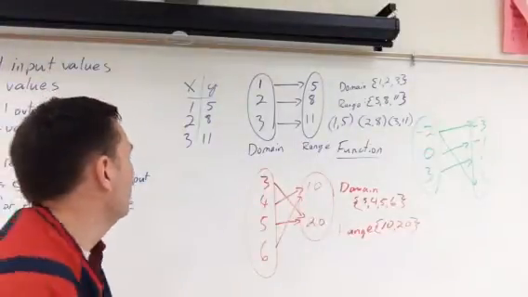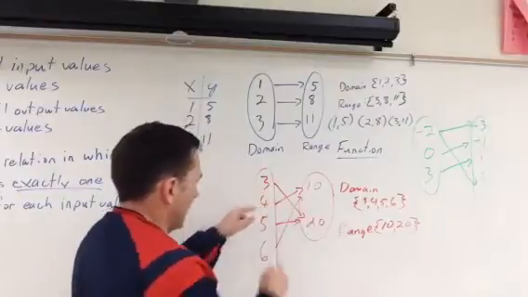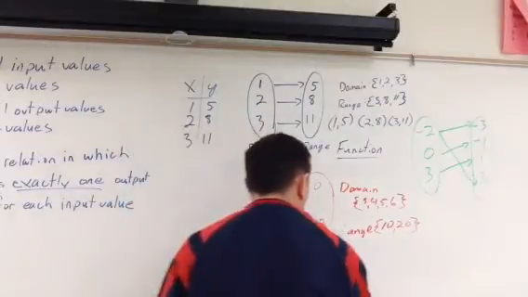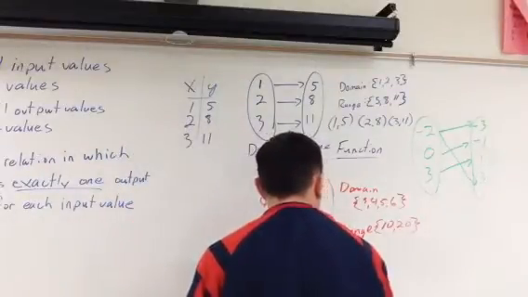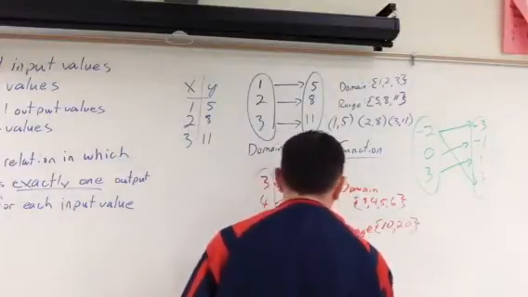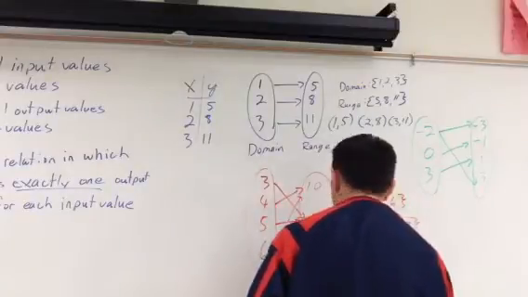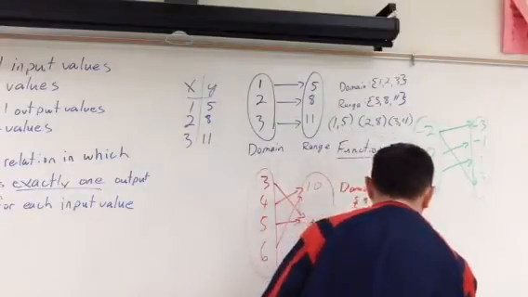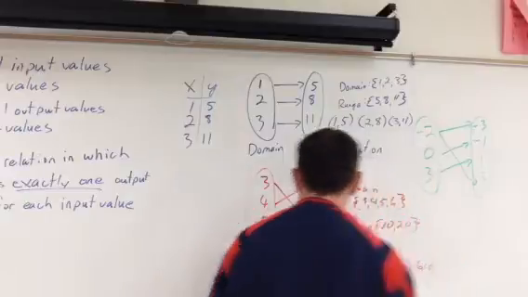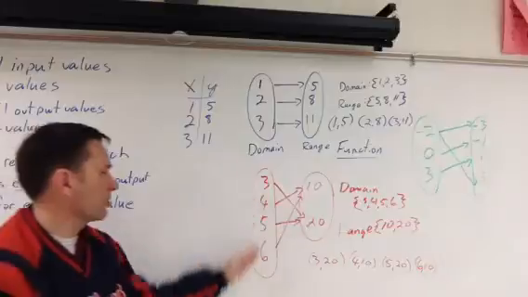If we want to express this now as ordered pairs, again, we start with (3, 20), (4, 10), (5, 20), and (6, 10). Usually the numbers go in order.